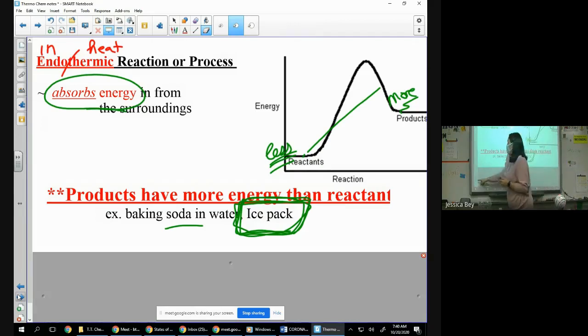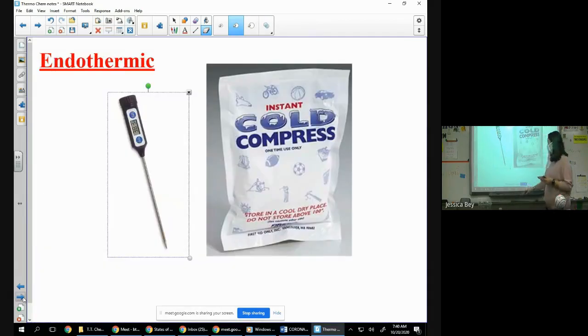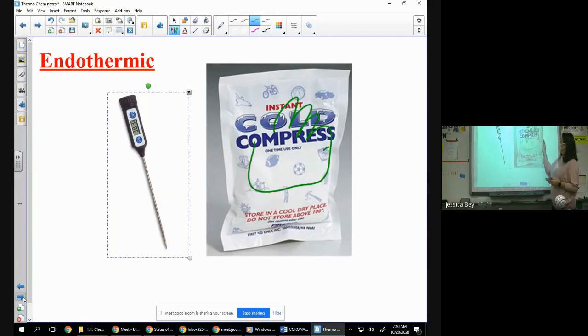And what that would feel like to you, if you put your hand on this, oh my gosh, you don't have a thumb. Now you do, okay? You are the surroundings, and the system needs to take energy in. So the energy would go from your hand into the actual reaction itself, for lack of a better word, making it feel cold.